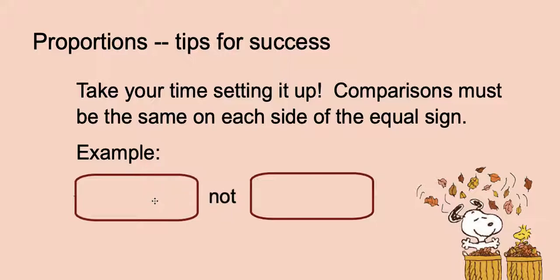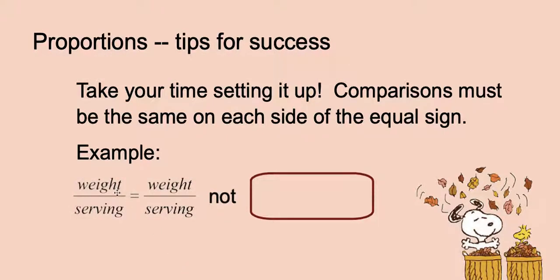So some things about proportions just to be aware of. Take your time setting your proportion up. If you go too fast, you're going to put things in different places than where they belong, and that's going to change your proportion. Comparisons have to be the same on each side. So for example, if we have a weight per serving, so 10 grams per one serving, on the other side, I want the weight to be on the top as well.